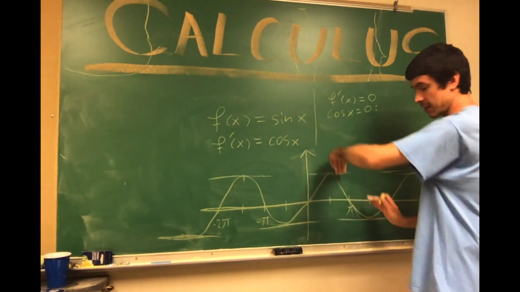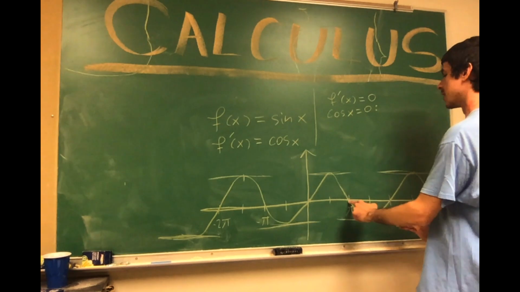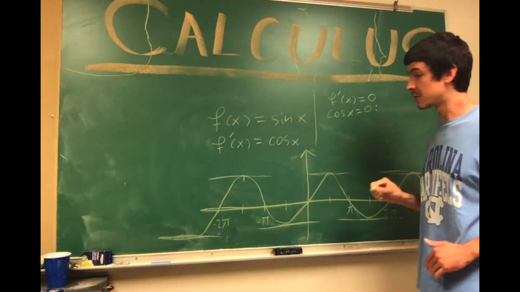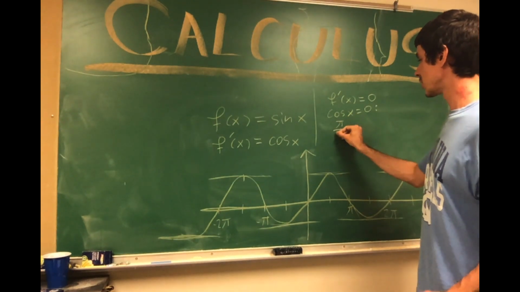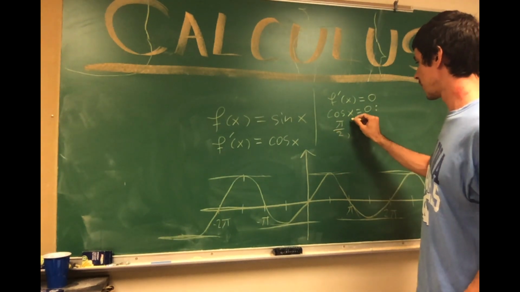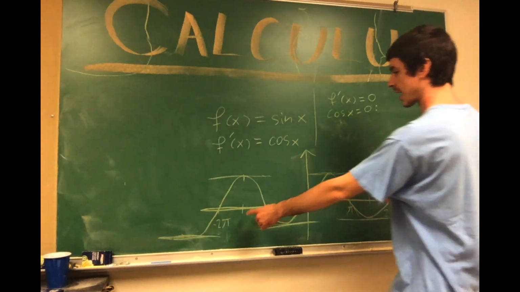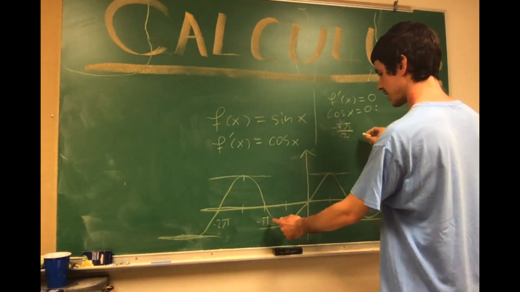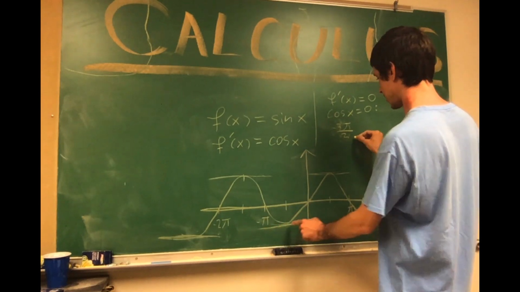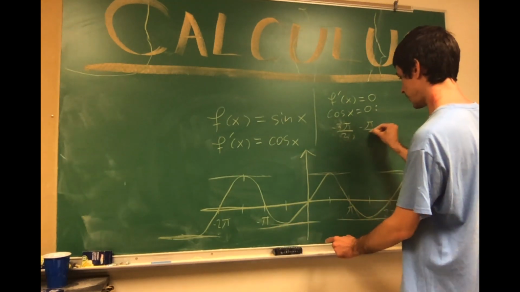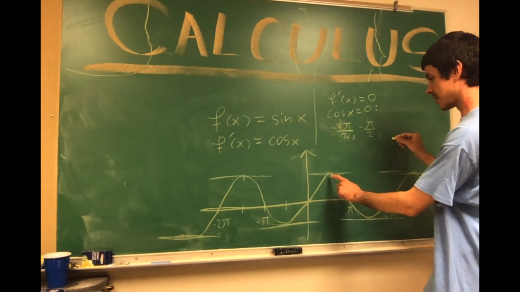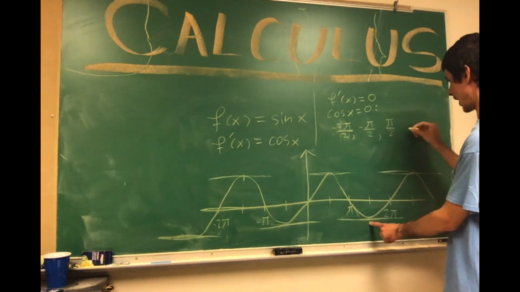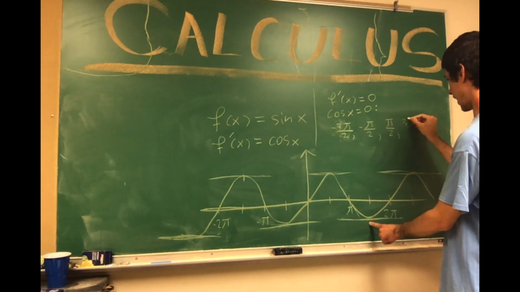That's where sine is 0, but it's going to be odd multiples of pi over 2. I'll start from the left. Negative 3 pi over 2, and then right here, this one's flat at negative pi over 2, and then at pi over 2, and over here at 3 pi over 2.